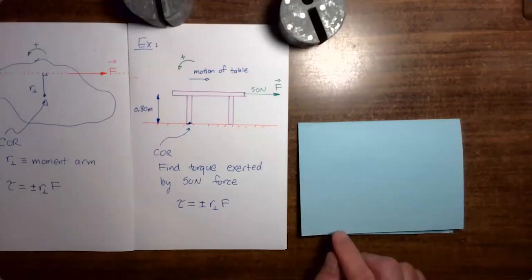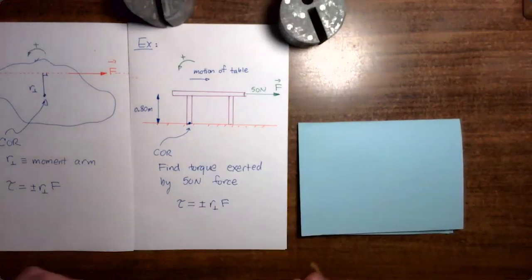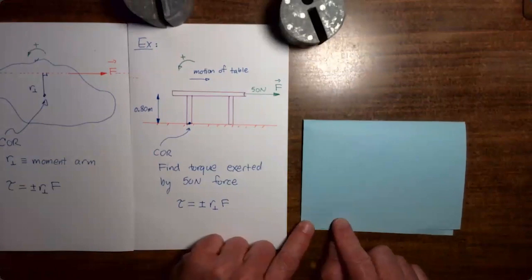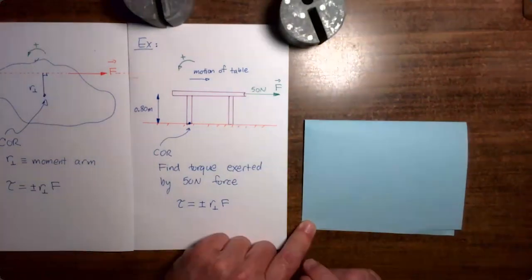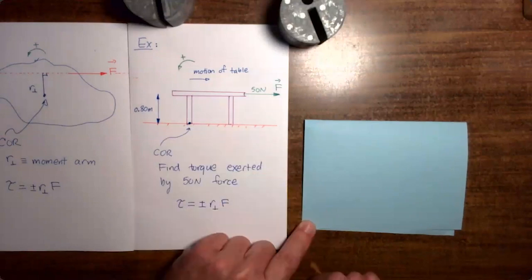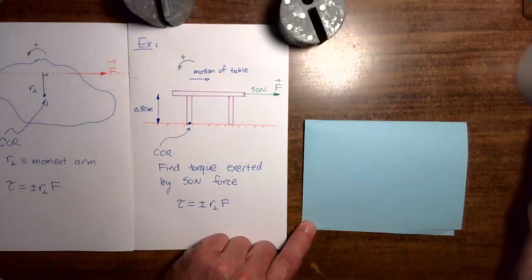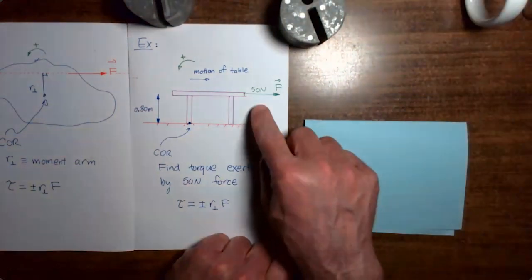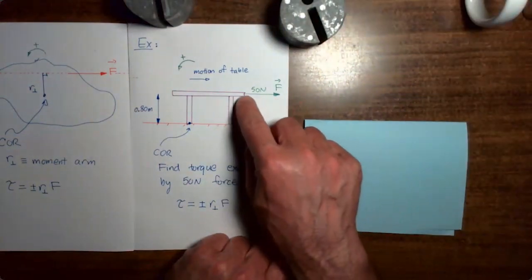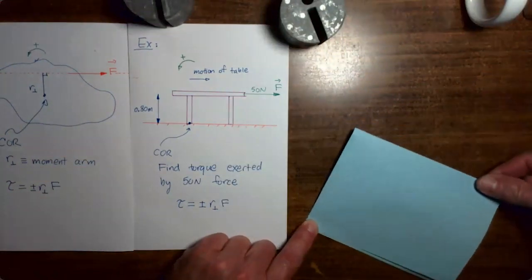To illustrate that, let's just say that this rectangular piece of paper here is the table, and I'm going to just hold down that bottom left corner. And since we have put the center of rotation at the bottom of the left leg of the table here, what I'm going to do is just hold down that lower left corner of the piece of paper to force the piece of paper to rotate around this point. And then, similar to that force coming in, grabbing onto this edge and pulling to the right, I'm just going to come to this corner here and pull to the right.